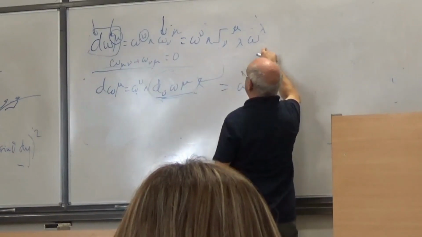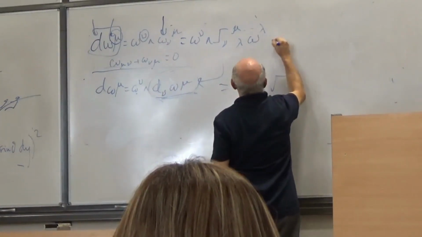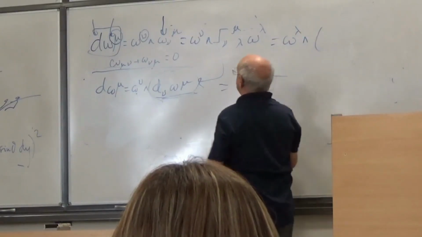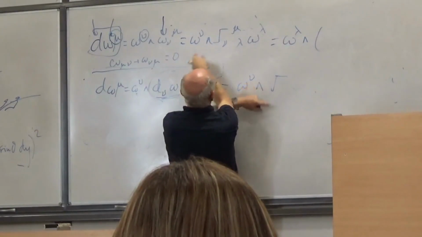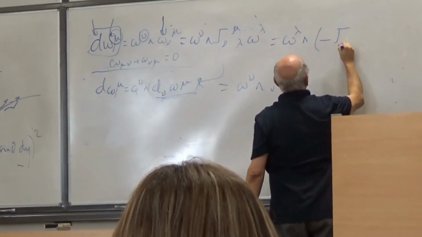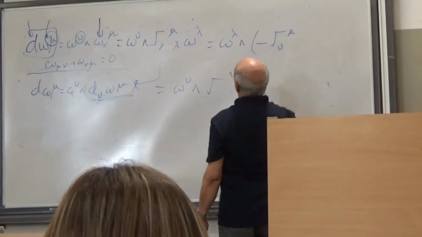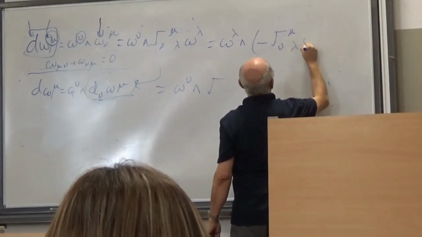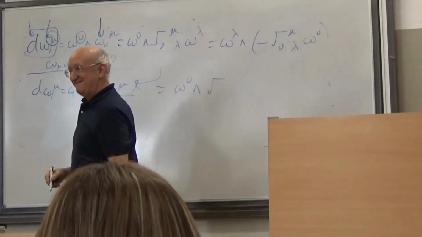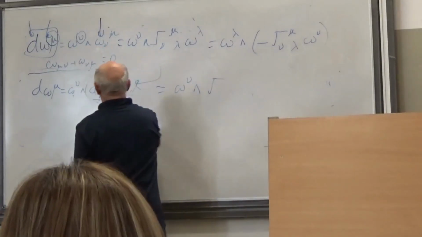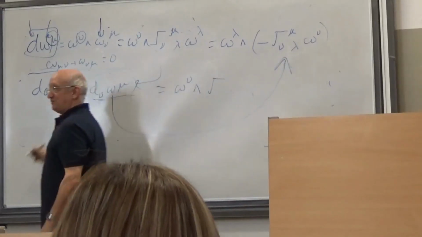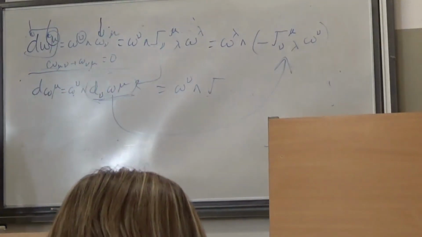I'm going to put this at the front. Since I changed those two, I have to put a minus sign. And I'm going to say then that this is going to be that. And the minus sign appears.